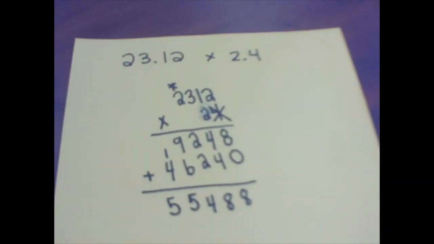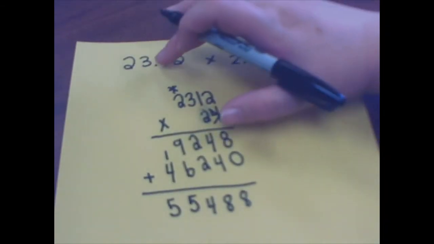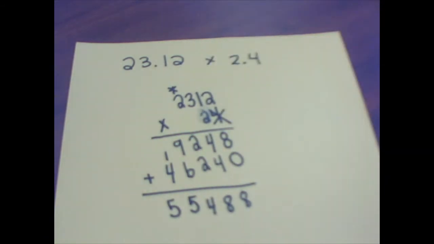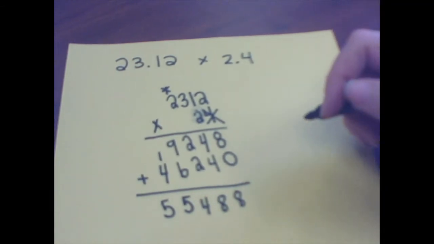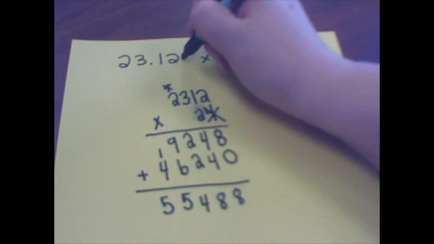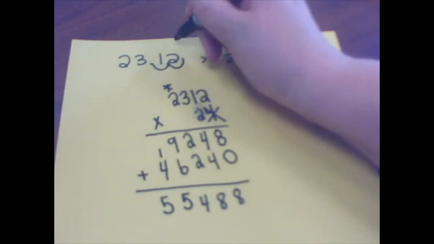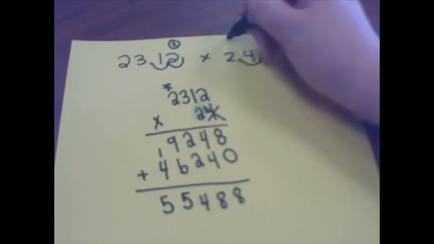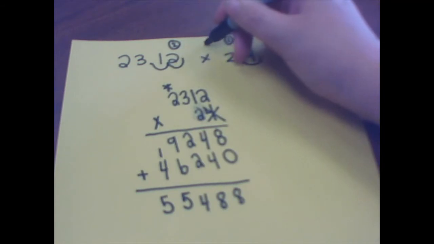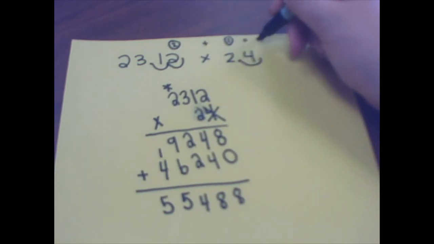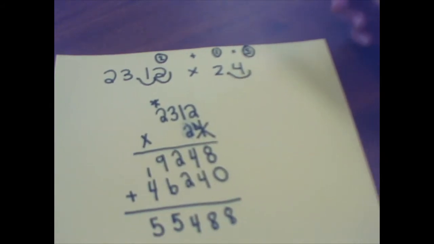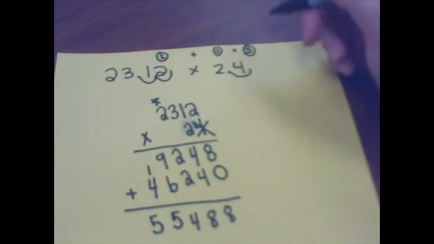Here's the only difference. I got rid of these decimals and I multiplied them as a whole number. Now I am going to go back to my decimals and see how many decimal places are in each number. 1, 2. 1. 2 plus 1 is 3. 3 is how many decimal places I need to move in this number.